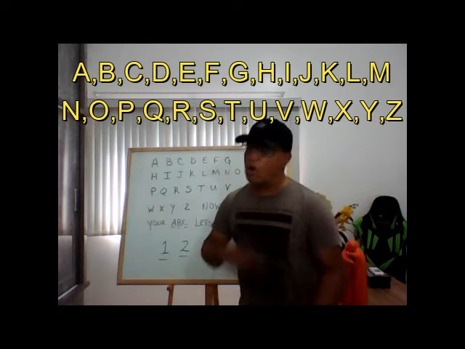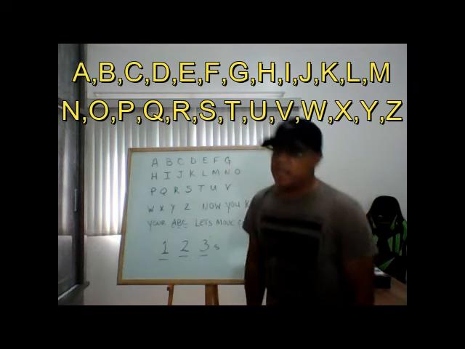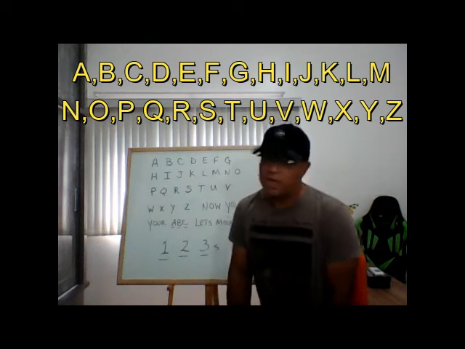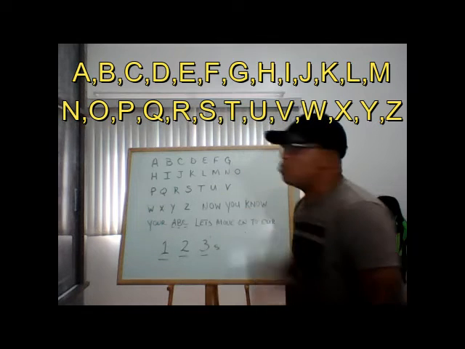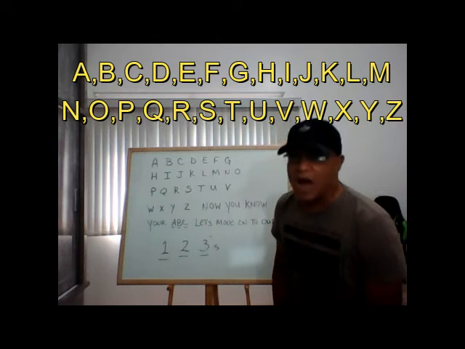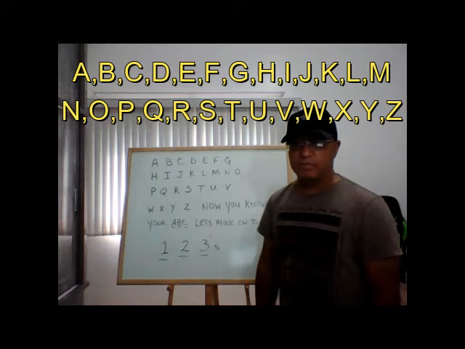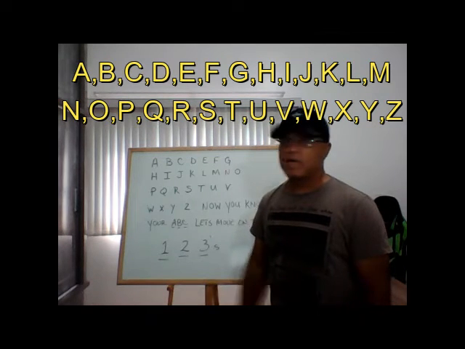You go home, we go home singing this A, B, C, D, E, F, G, H, I, J, K, L, M, N, O, P, Q, R, S, T, U, V, W, X, Y, Z. Now I know my ABCs. It was like that, guys.